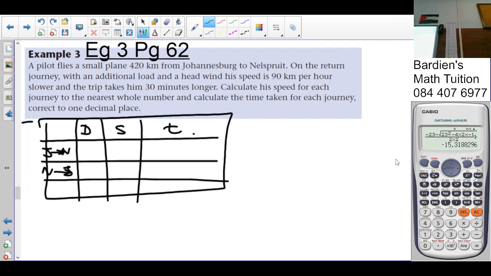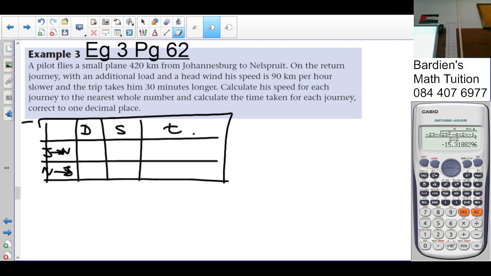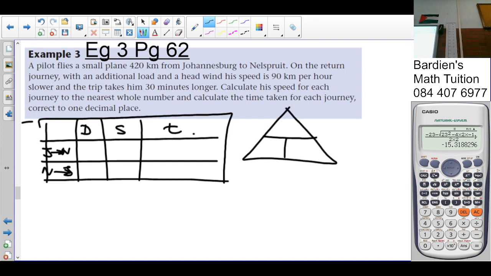In grade 8 and 9, we use the triangle. What goes on top? Distance. When you get your speed, distance, time question, this is the setup, without reading further.